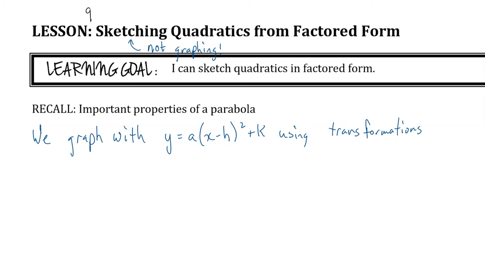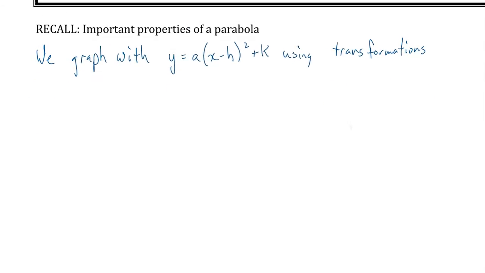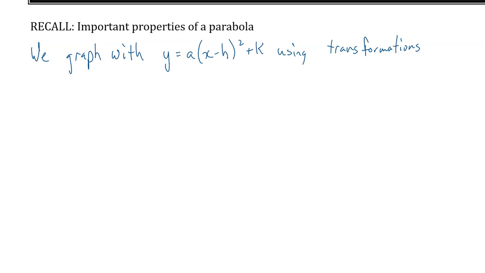So the last unit was all about vertex form. We were completing the square. We were talking about the maximum or the minimum value. We were graphing in vertex form. This unit is all about factored form. Okay? So, important properties of a graph.